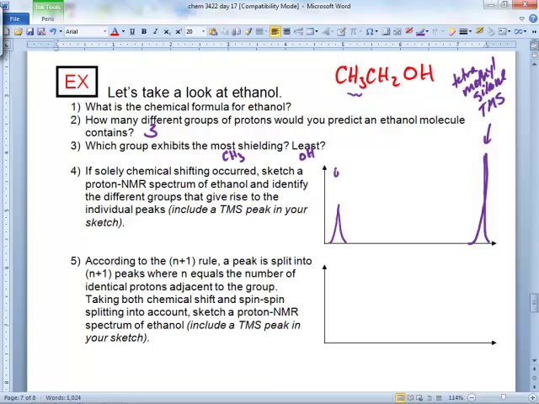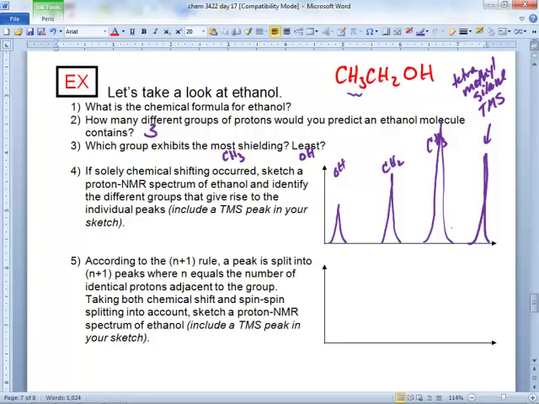This is my OH. For my CH2, you want twice the area. And then CH3, you want 3 times the area of the OH. I don't know if that's mathematically correct, but that's the thinking.